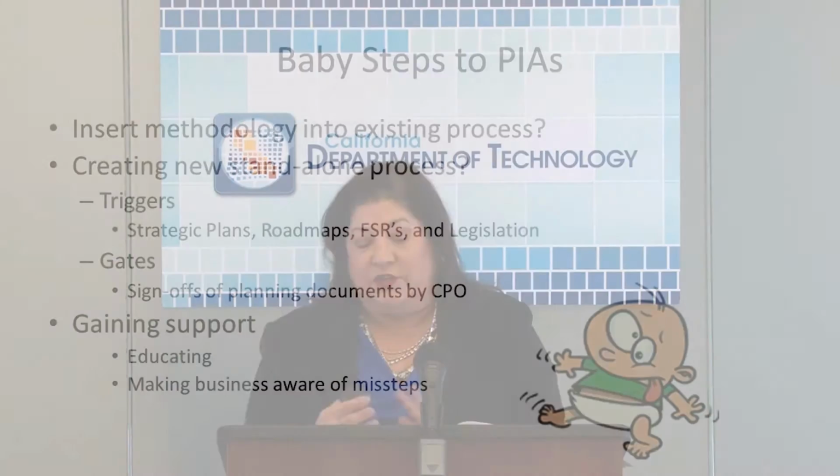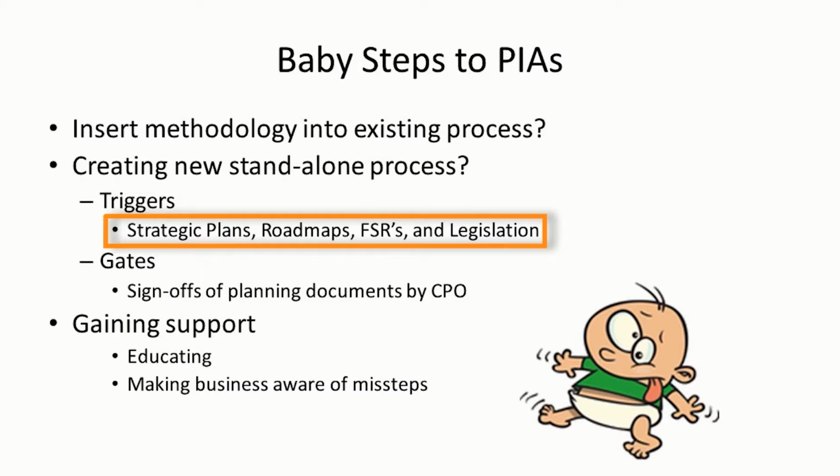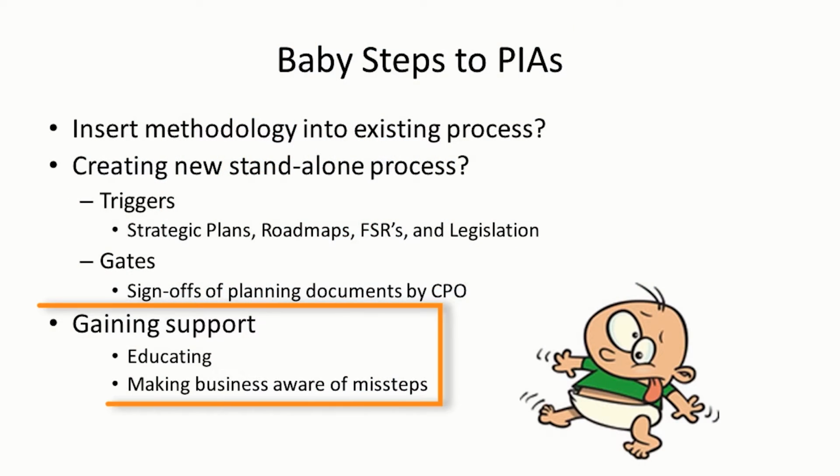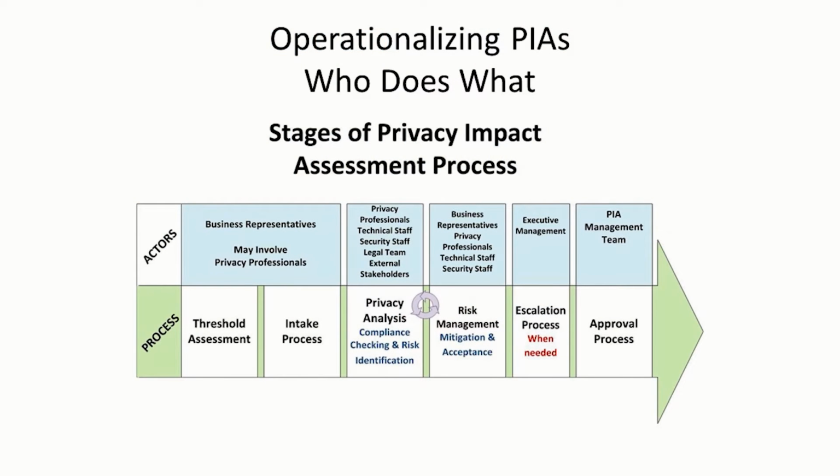Some of the areas that you might want to look at are strategic plans, roadmaps, FSRs, and legislation as where you start. Some of your gatekeepers will be when those documents are being signed off. You want to gain support by educating your program and your executives and making them aware of what would happen in a misstep. So on this slide, we talk about operationalizing PIAs.